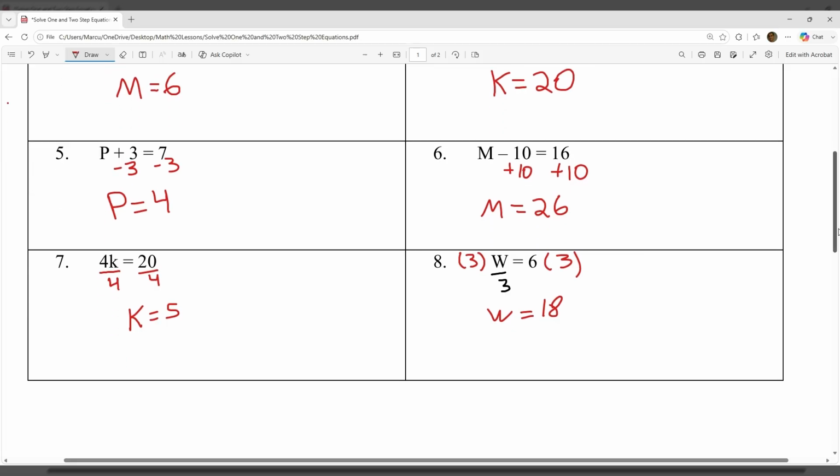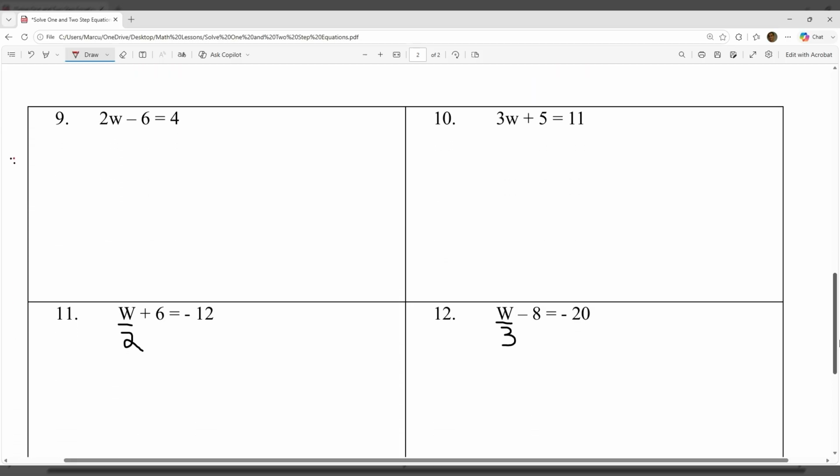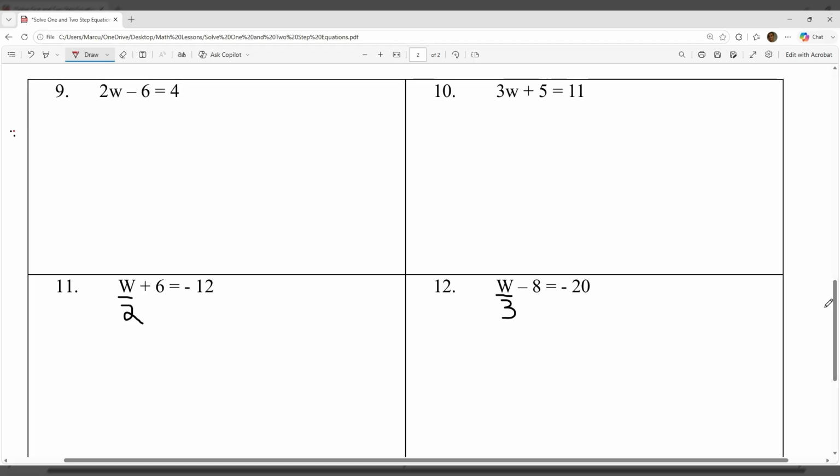So I'm going to go over questions 9 and 11 with you. So question 9, like I mentioned before, you have to add or subtract first. So because that's a minus 6, the inverse of that will be to add 6 both sides. So like this.